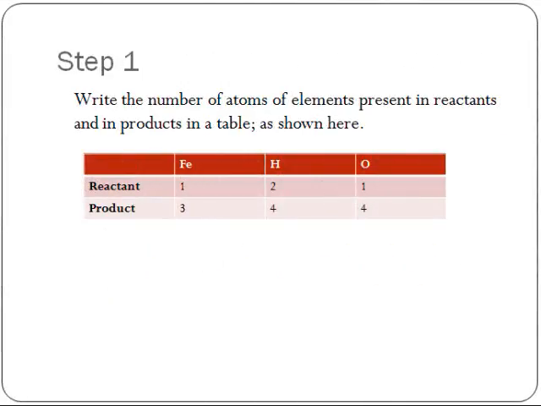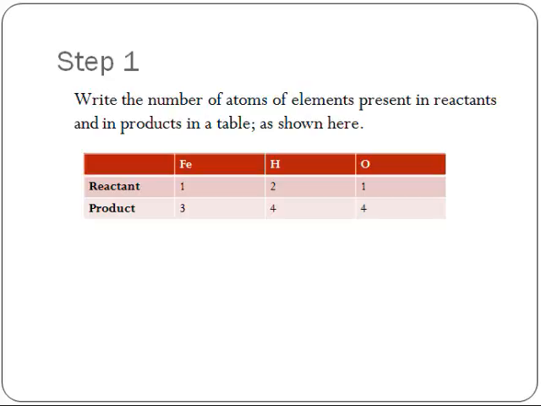In the first step, we'll write the number of atoms of each element present on the reactant and the product side. So, here let's write the number of atoms of Fe as 1 and 3, H as 2 and 4, and oxygen O as 1 and 4 on the reactant and the product side respectively.